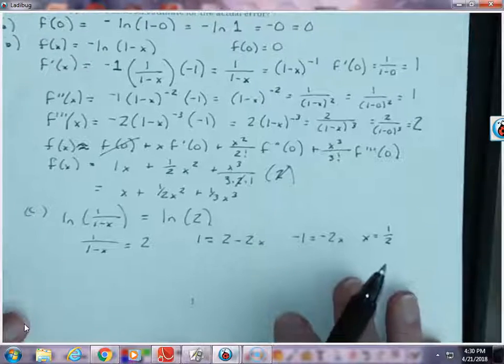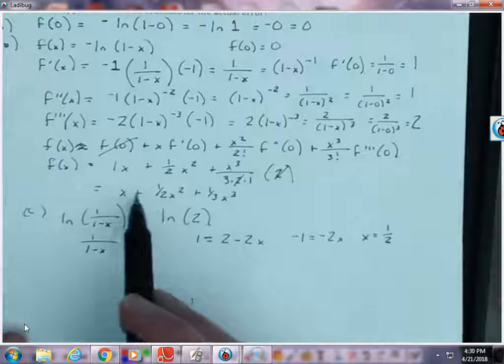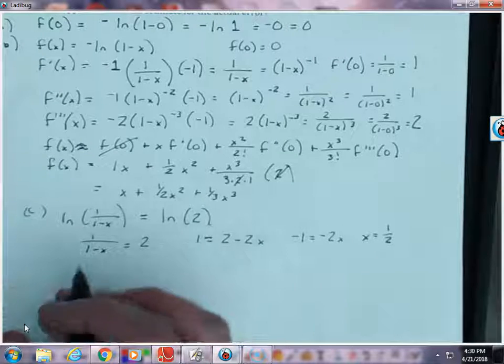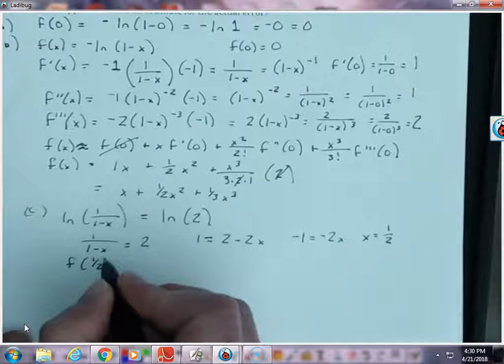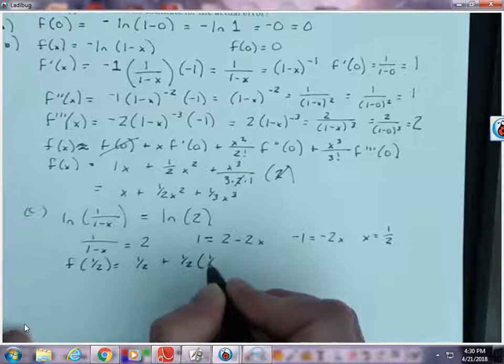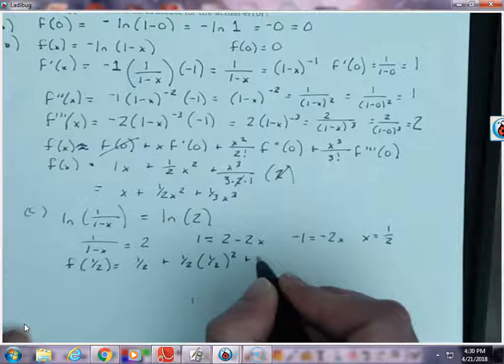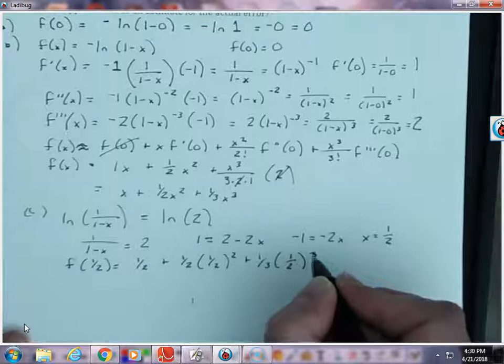So basically, all we have to do to have an approximation for natural log of 2 is put 1 half into this polynomial. Okay, and so we would have f of 1 half would be a half plus a half times a half squared plus a third times a half cubed.